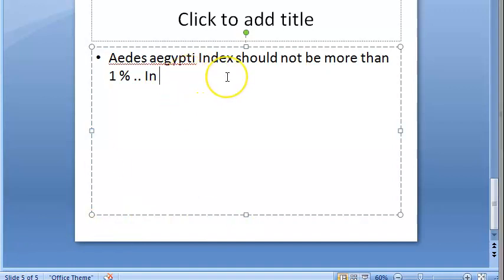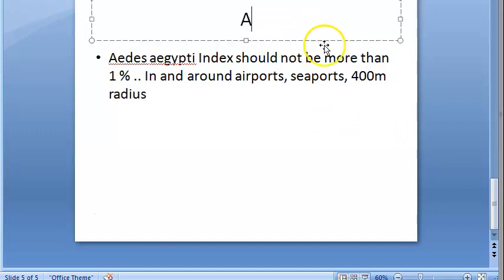In and around airports and seaports, everywhere, let us keep it clean. Here they are saying not more than 1%, in and around airports and seaports, in a 400 meter radius.